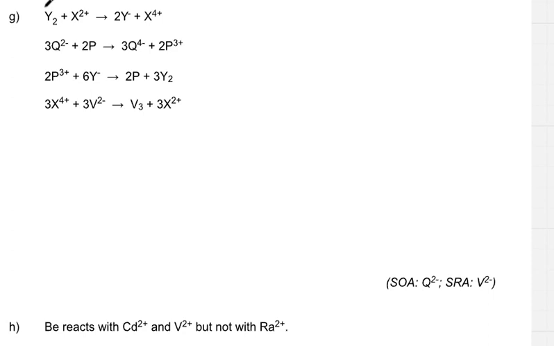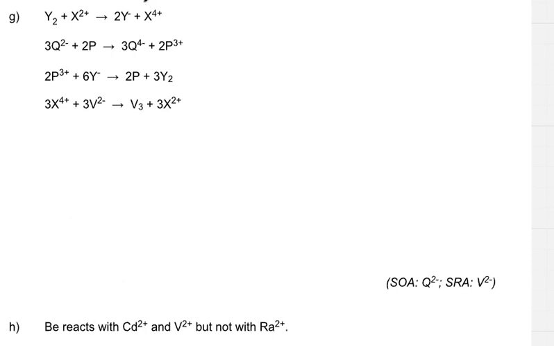Now, the wrinkle in these new questions is I've been saying up till now that it's usually the more positive species taking electrons from the more negative one, and I think that's usually valid. But look what happens in this first question. X2+ is trying to turn into X4+. It's trying to become more positive. You don't do that by gaining electrons.